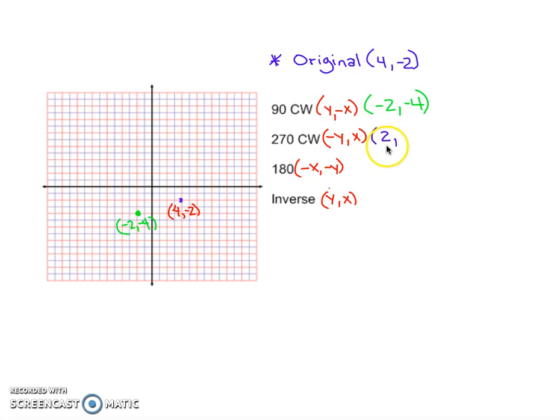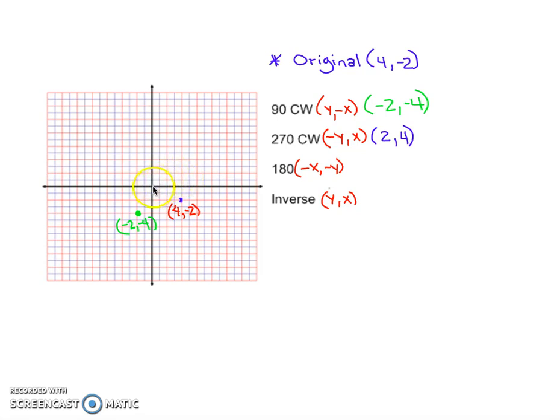And then I have to write my x, which was 4. So these two numbers, (2, 4), are my rotation of the point 270 degrees clockwise.